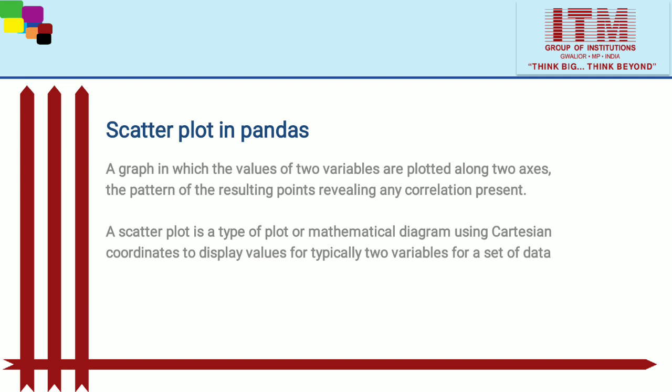So when we have different variables and we want to compare two variables among the different columns, for example, if I have 20 columns or 20 variables and I need to compare only two columns among those 20 variables, and it should be noted that those variables are numerical, then in that case I will use this scatter plot method.